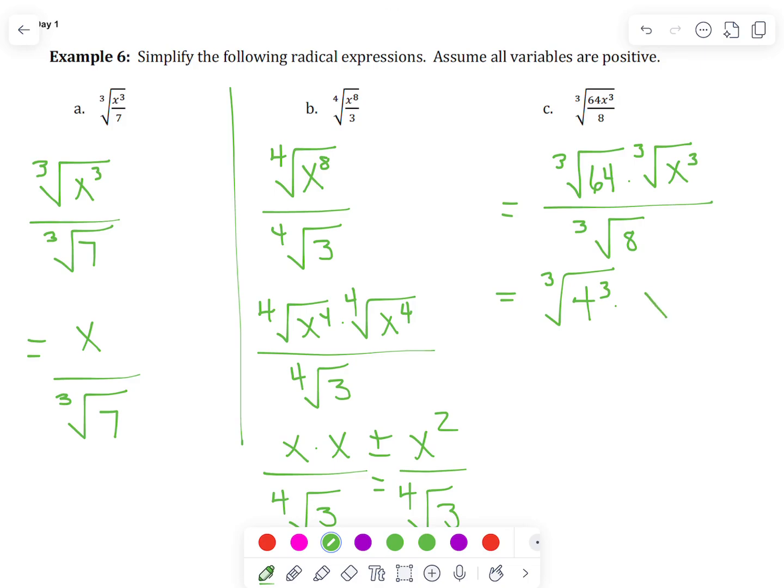Cube root of x cubed is x. 2 cubed, and then denominator for 8. So the cube root of 4 cubed is 4. x divided by cube root of 2 cubed is 2. And then you can reduce that fraction by a common factor. So you're left with 2x.